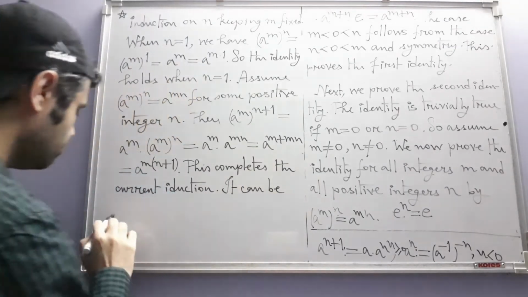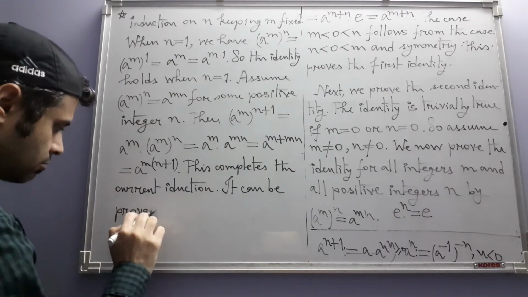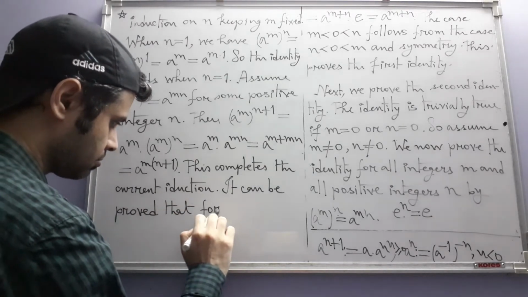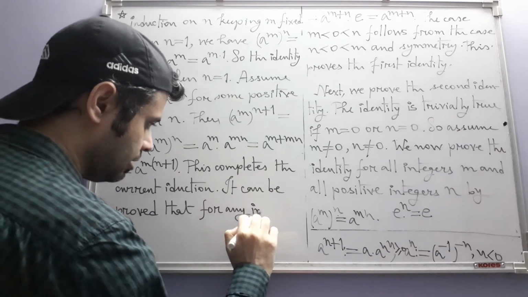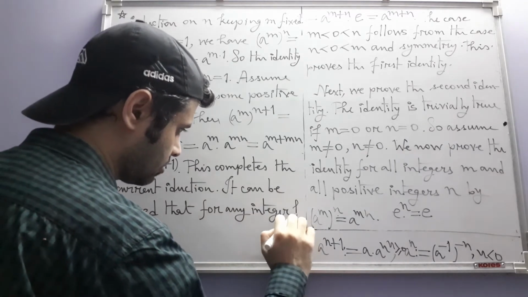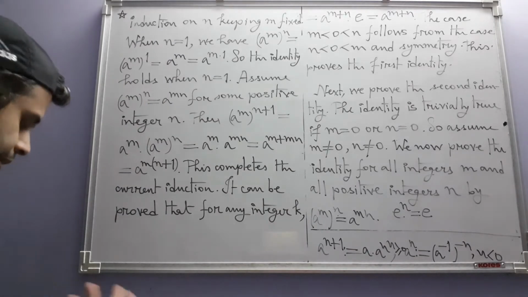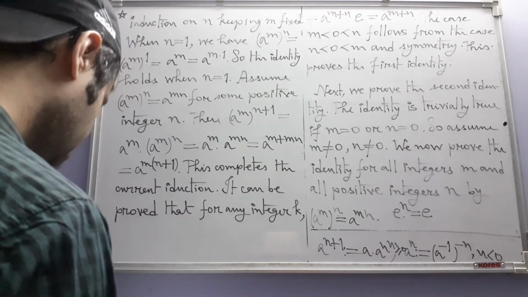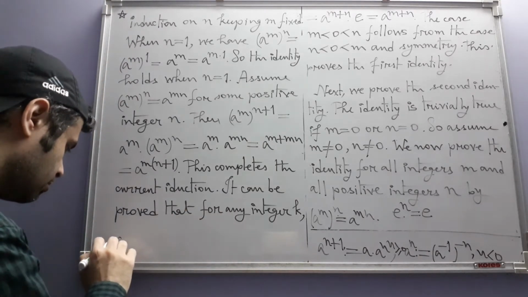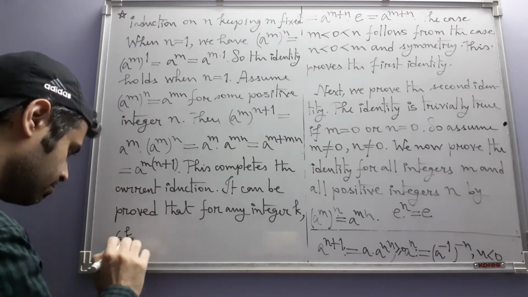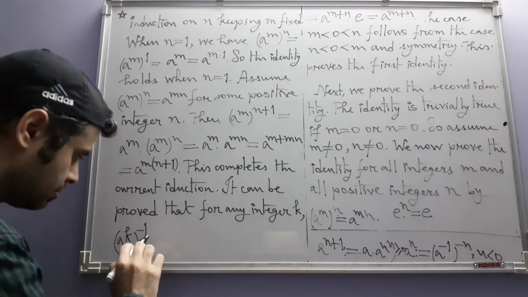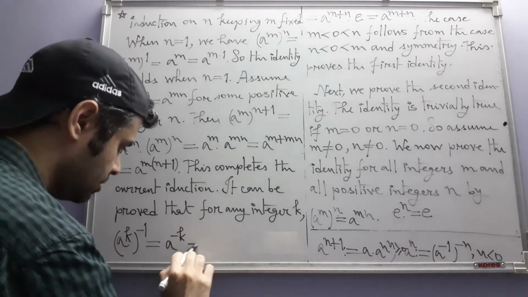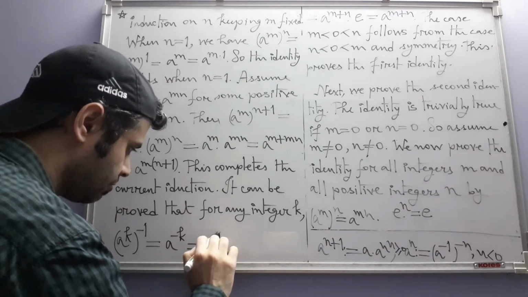It can be proved that for any integer k, a to the power k inverse is equal to a to the power minus k, which is equal to a inverse to the power k.